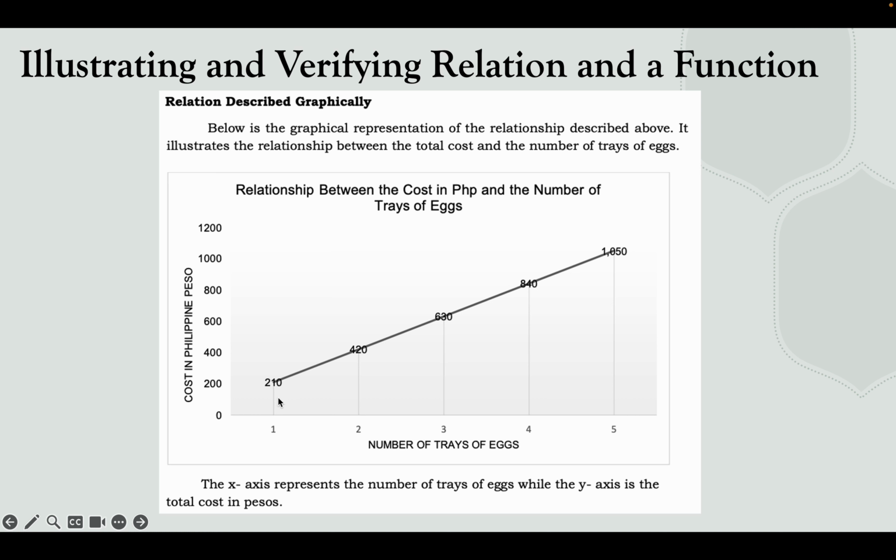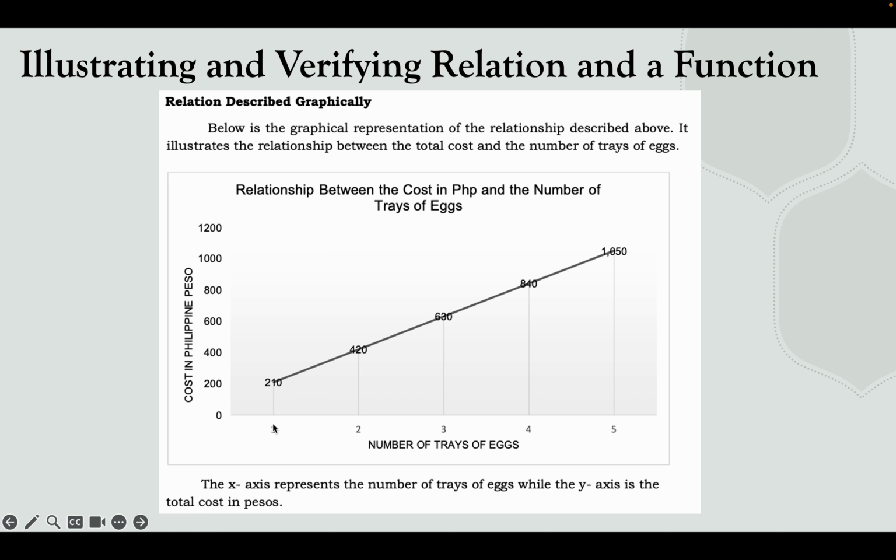So we can plot. If you are given a table or ordered pairs and you were asked to make a graphical representation of the relation between the number of trays and the cost of eggs, the representation looks like this.